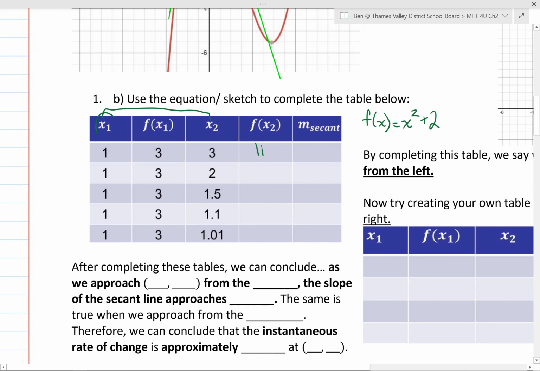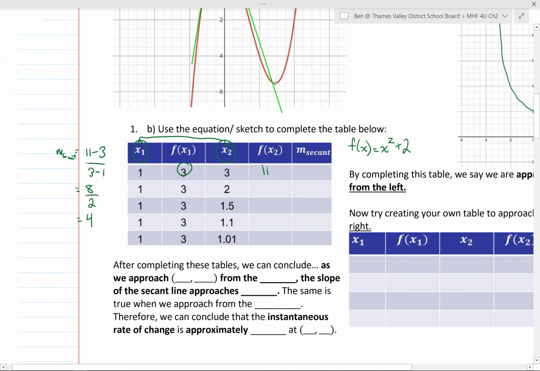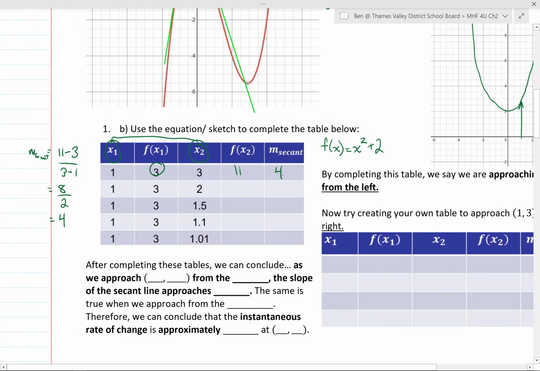The slope of our secant between x1 and x2 is given by 11 minus 3, not 9, 11 minus 3 divided by 3 minus 1. So 11 minus 3 is 8, divided by 2, and that equals 4. So the slope of this particular secant is 4.